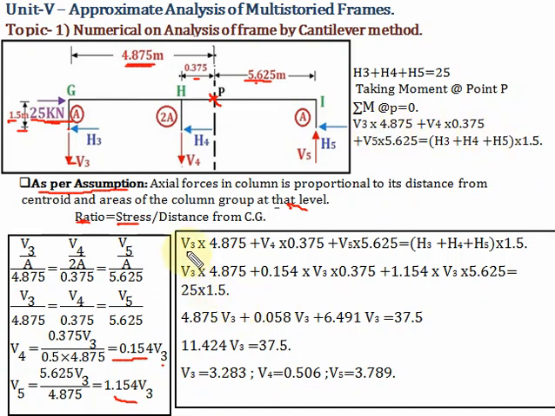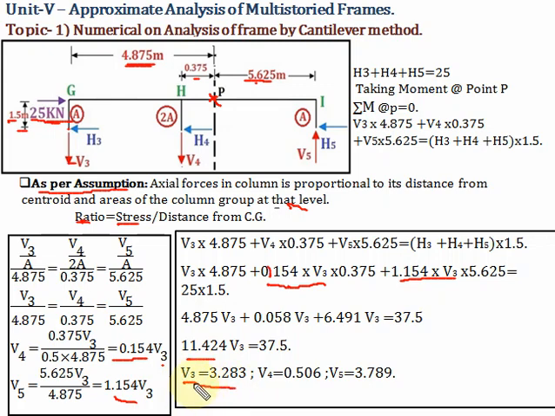Now we'll put the values of V4 and V5 in this equation. After putting them in, we get 0.154 into V3 and 1.154 into V3, the values of V4 and V5. After simplifying, we get the value of V3, which is equal to 3.283.